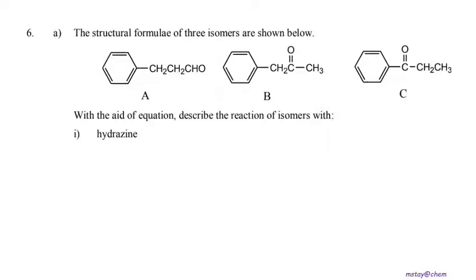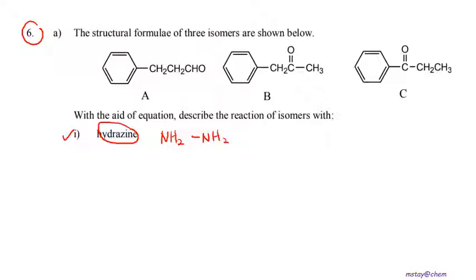Okay, now let's proceed to tutorial question 6A1, which is also related to condensation, because they say that these 3 compounds are going to react with hydrazine. The formula for hydrazine is NH2NH2.